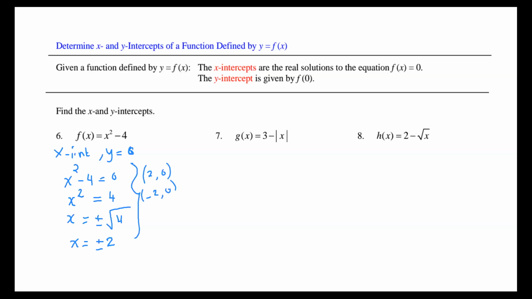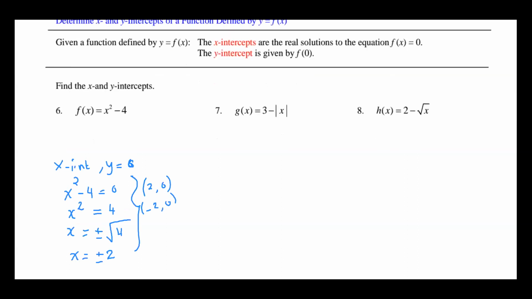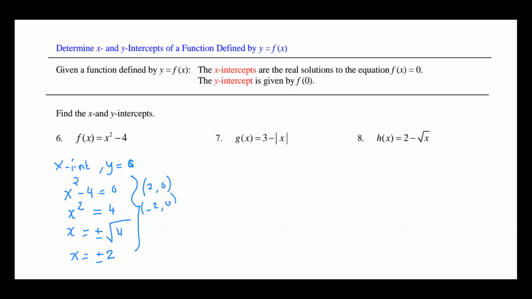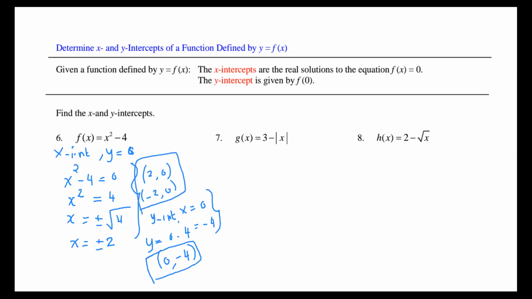So to find the y-intercept, make x equal to 0. So when I put x equal to 0, y is going to be 0 minus 4, which is negative 4. So this gives the y-intercept as 0, negative 4. So these are the intercepts for this problem.